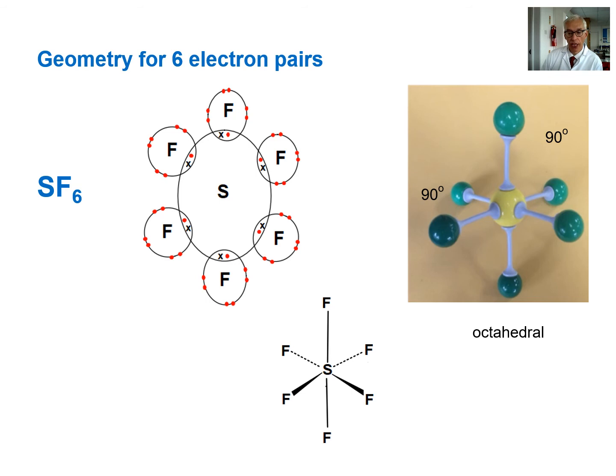So this bond angle here is 90, but so is this. That is also a right angle, so that is also 90. So although there are 2 areas where you will find perhaps different bonds, they're in fact the same. The bond angle is 90.